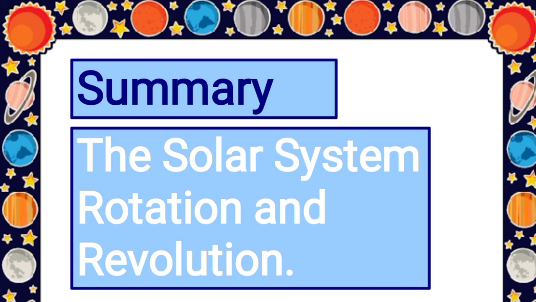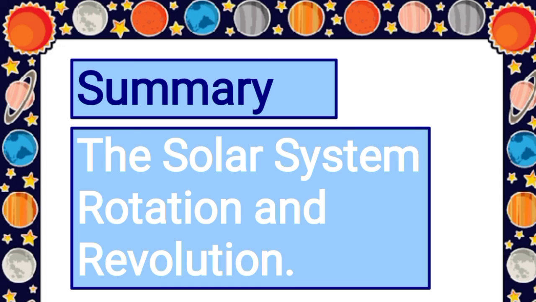So today we have learned that the sun, the 8 planets along with their moons and the dwarf planets form the solar system, and the planets and dwarf planets circle around the sun in fixed paths which are called orbits, and the moon is the only natural satellite of earth.